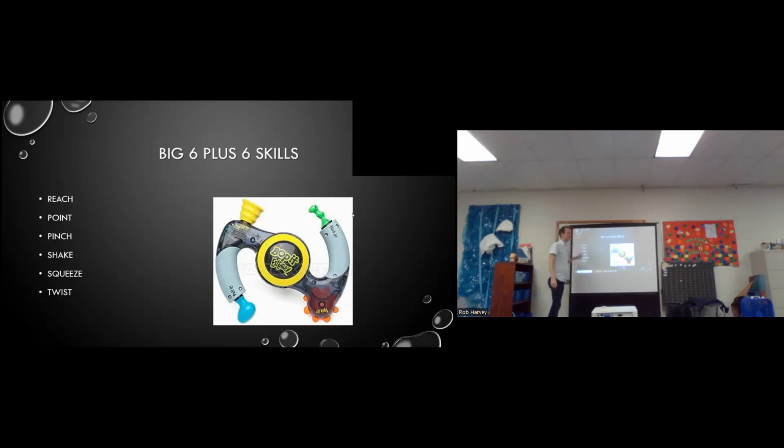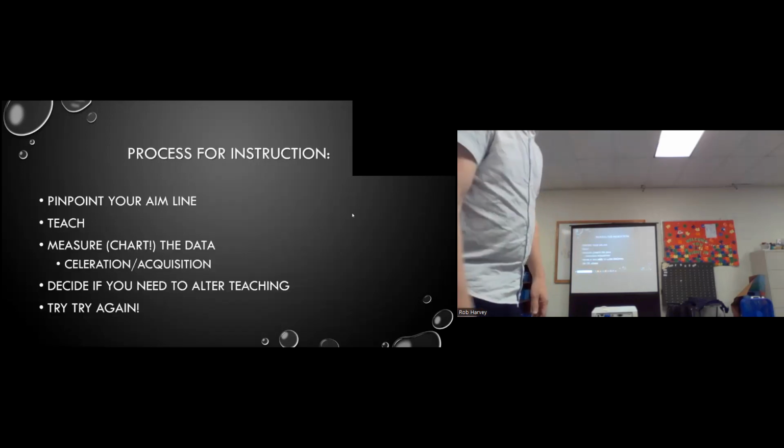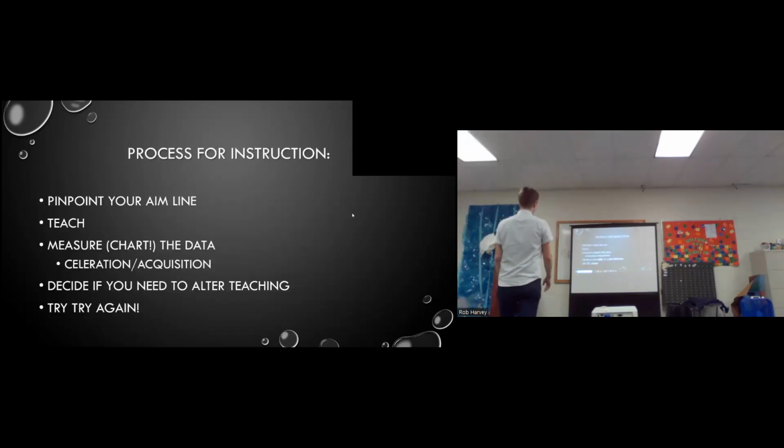So you want to focus on things that they will enjoy doing repetitively. The Bop It is a great example of this, although it does not have the 6 skills on it. The big 6 people should make a new Bop It.